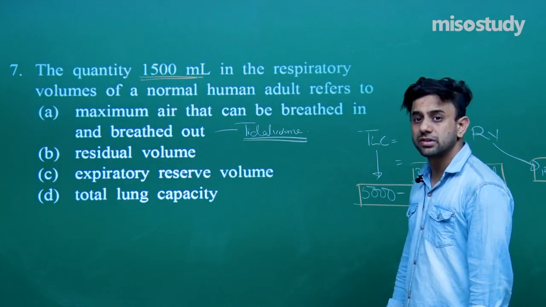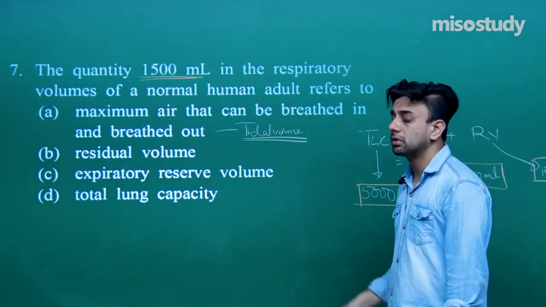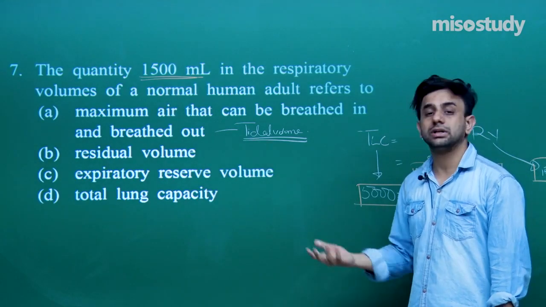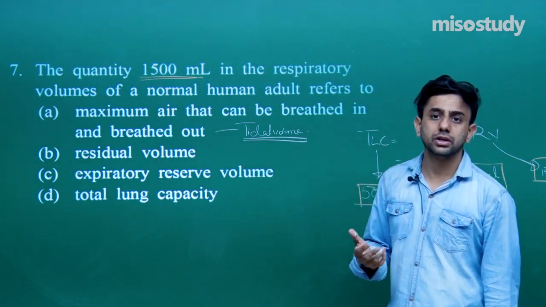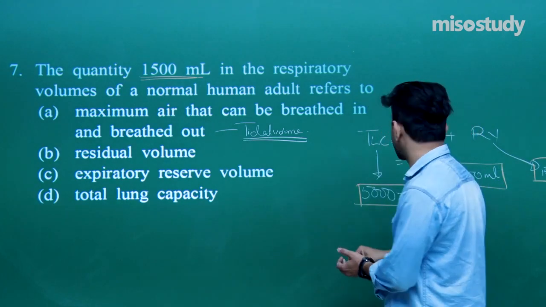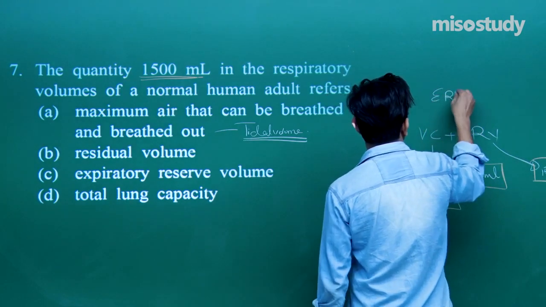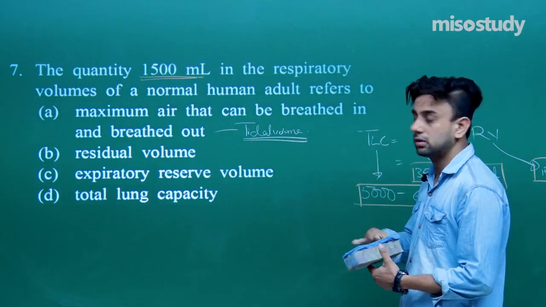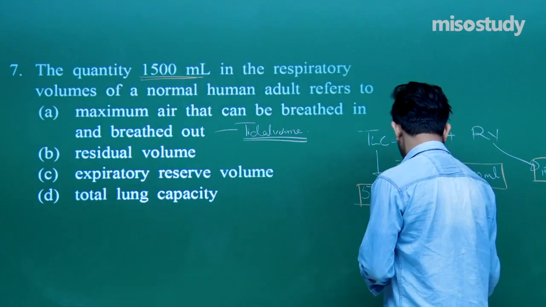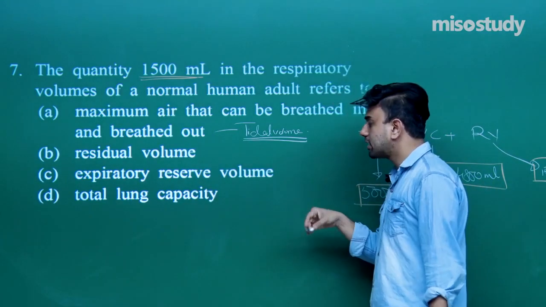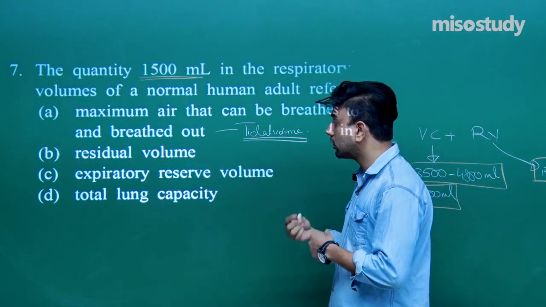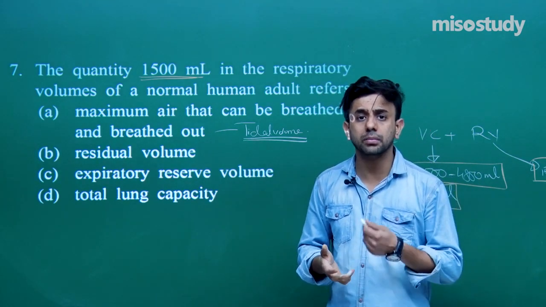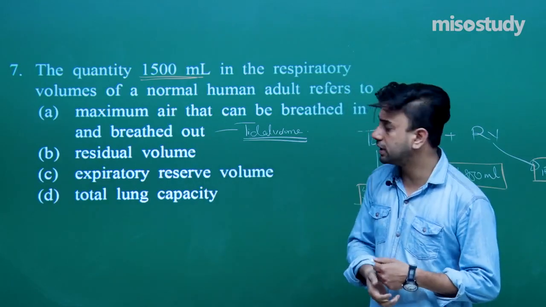What is the expiratory reserve volume? Expiratory reserve volume is the volume of air that can be breathed out, that is forceful expiration, after the normal respiration, right. So, the expiratory reserve volume is the volume which you try to exhale after the normal breathing, that is over the tidal volume.